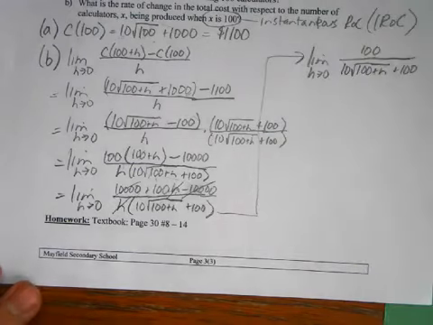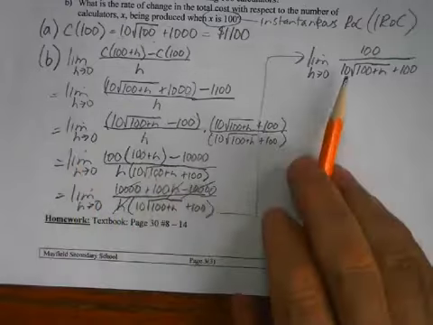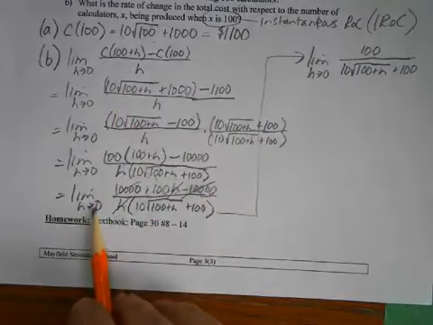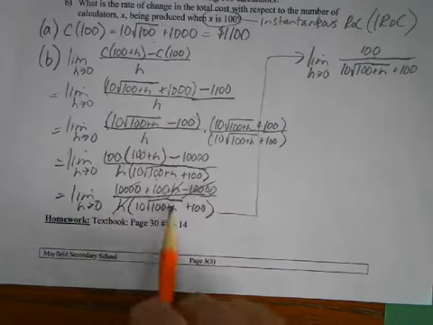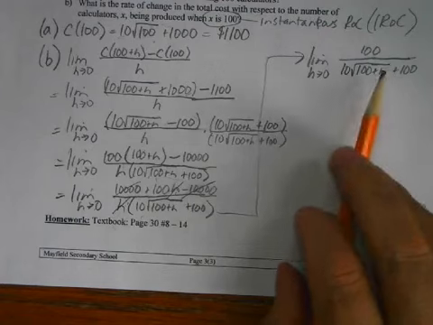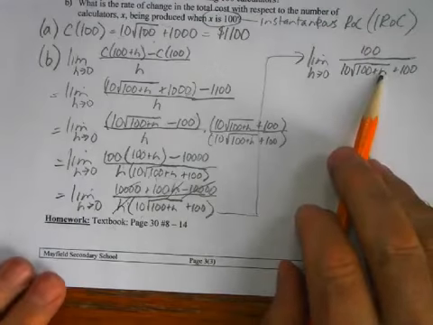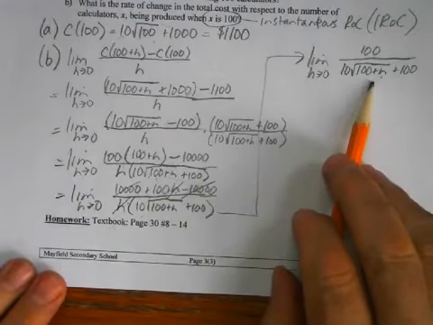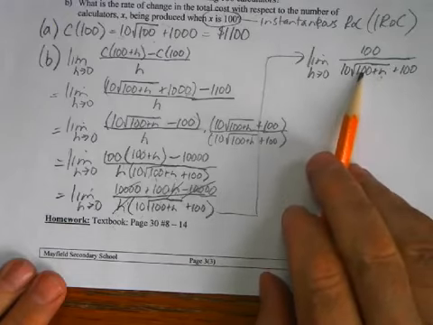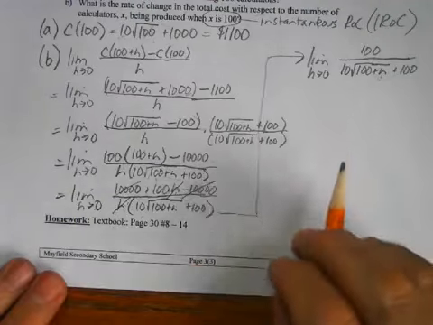Okay. Now you can see up to this point, like any of these steps before, I could not substitute in h equals 0, because that would make the denominator 0. But now that I've canceled that h, I still have an h on the bottom here, but if I plug in a 0 there, that's okay, because that turns into root 100, which is 10, and that's totally good.